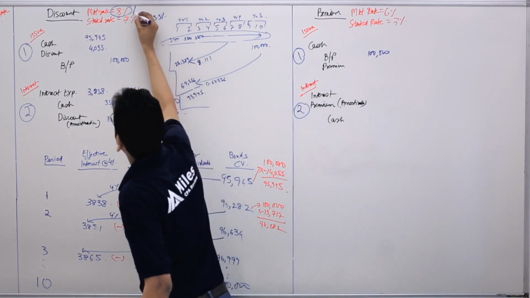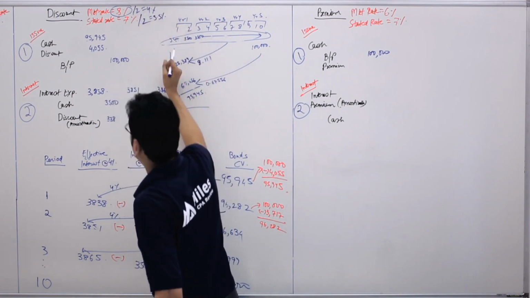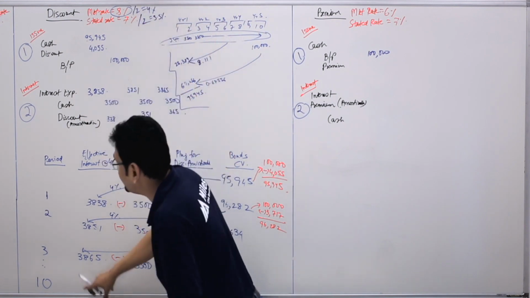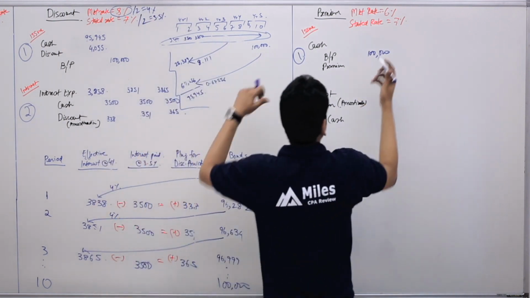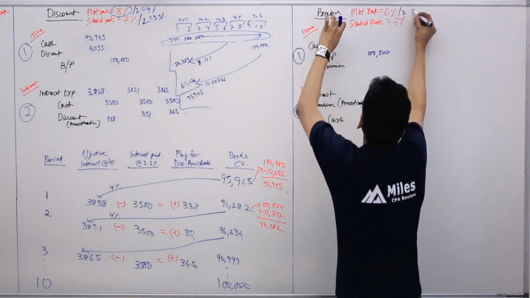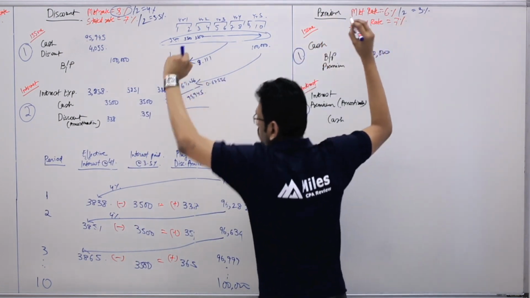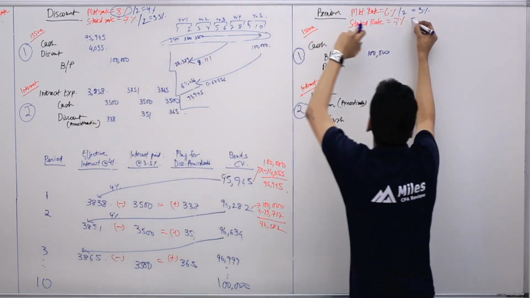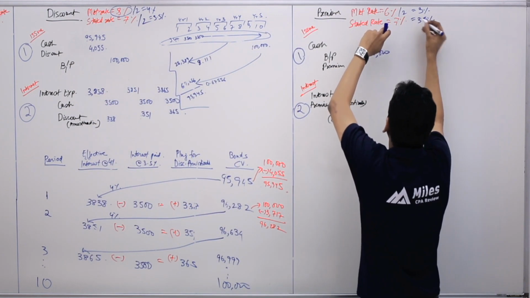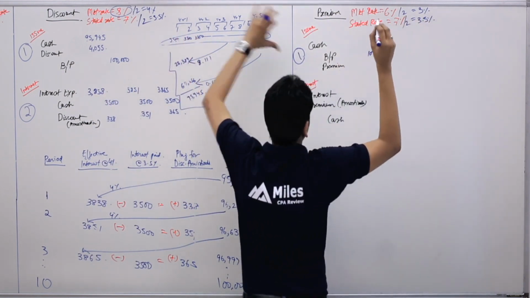Market rate was 8, we divided by 2 and took 4% to discount it, and we took 4% as our effective interest. Same thing we'll do here. 6%, we'll divide by 2. We'll take 3% to discount and for the effective interest, and stated rate would be 3.5%. So we'll take 3.5% to calculate the cash flows.